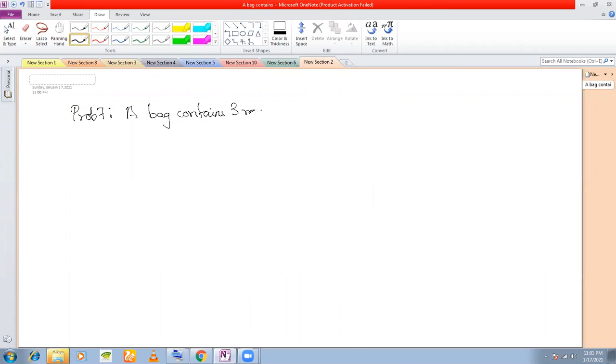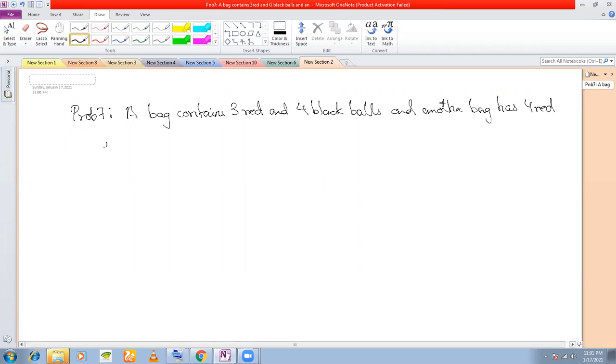And another bag has 4 red and 2 black balls.